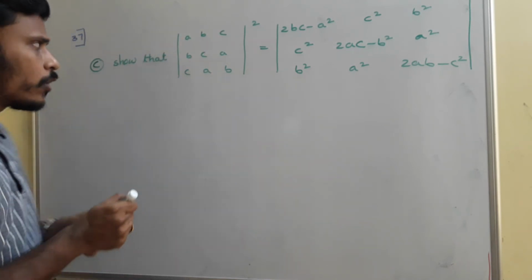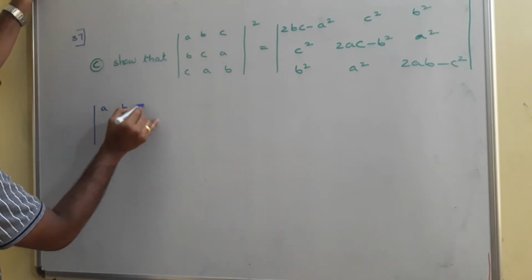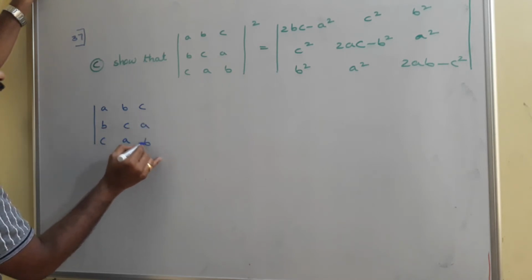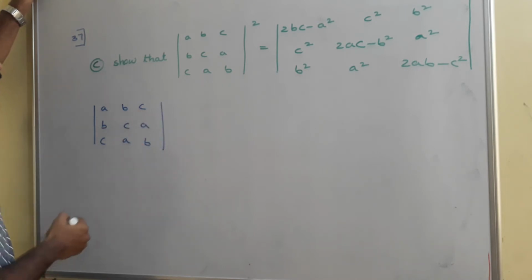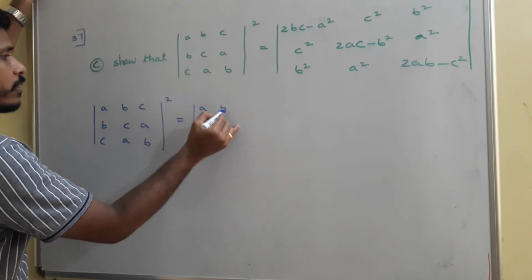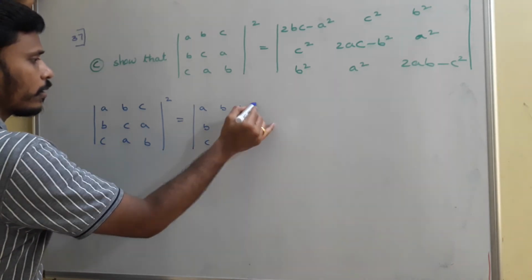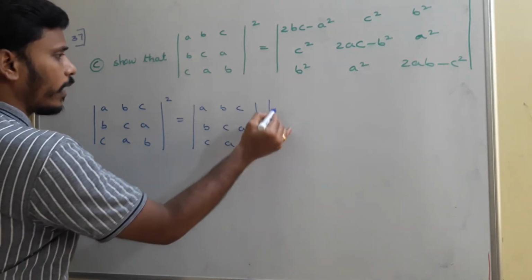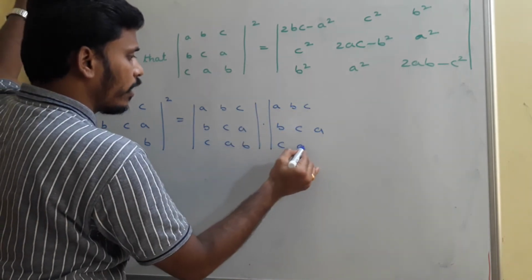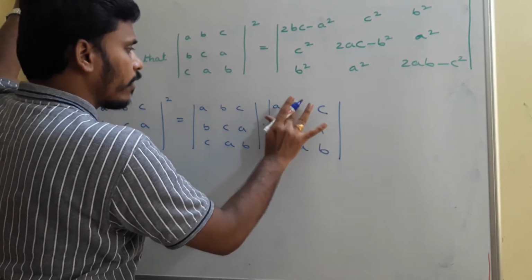Since here we are calculating the square, meaning multiplication of the same matrix with itself, the determinant |A B C; B C A; C A B| squared is simply |A B C; B C A; C A B| into again |A B C; B C A; C A B|. We just need to multiply the same determinant with itself, okay?